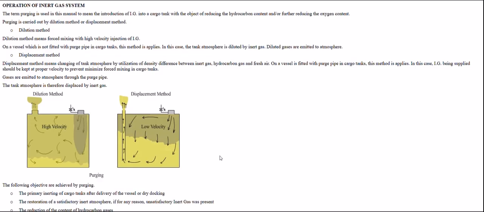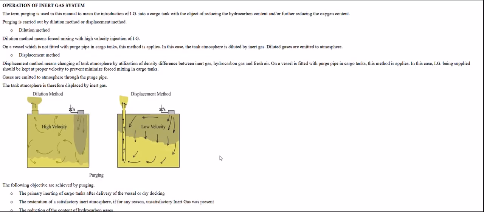The displacement method means changing the tank atmosphere by utilizing the density difference between inert gas, hydrocarbon gas, and fresh air. This applies when a vessel is fitted with a purge pipe in the cargo tanks. Say this is the purge pipe, and it is connected to the bottom of the tank.